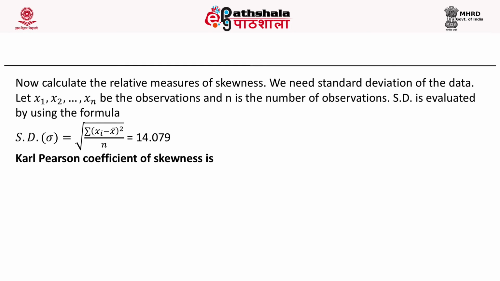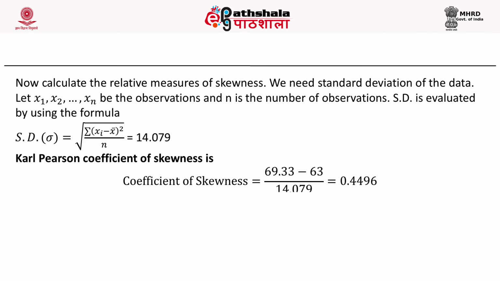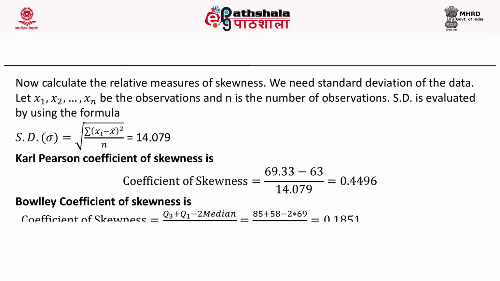So Karl Pearson coefficient of skewness is 69.33 minus 63 divided by 14.079, where 14.079 is the standard deviation of the data, and the answer is coming out to be 0.4496. For Bowley coefficient of skewness, by putting the observations in the formula we will get 0.1851.